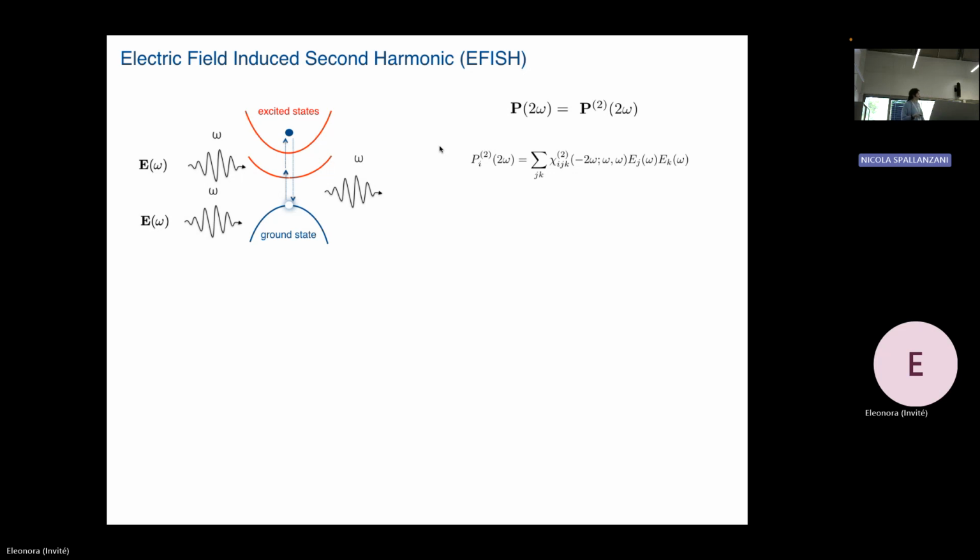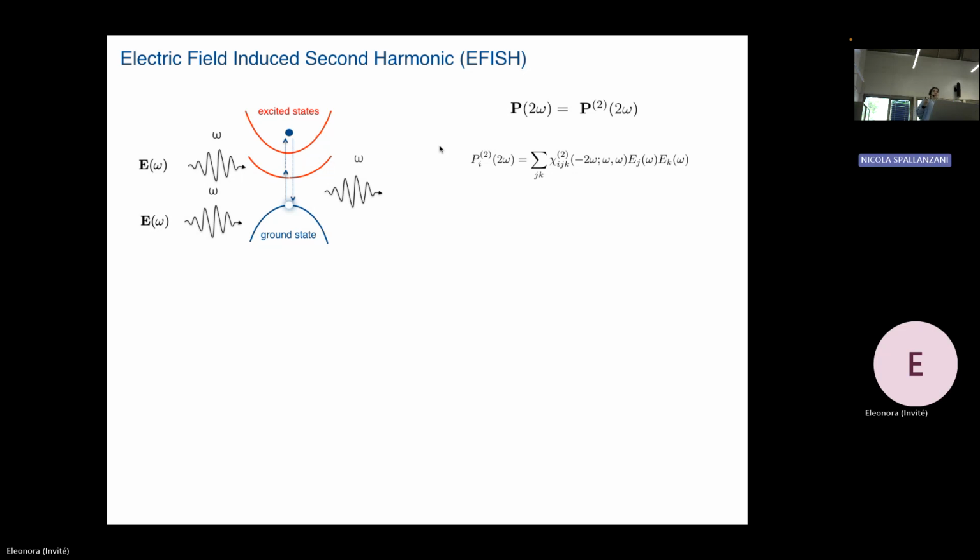There is another one, which is E-FISH. It's a nice name: electric-field-induced second harmonic generation. And here what you do is you mix second order with third order. Before, we started from linear response and had the second order response.